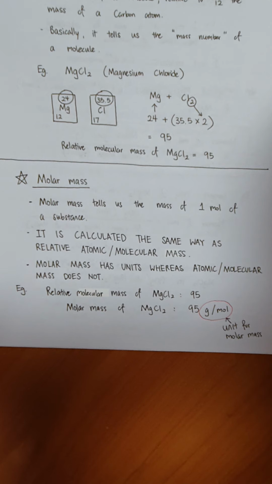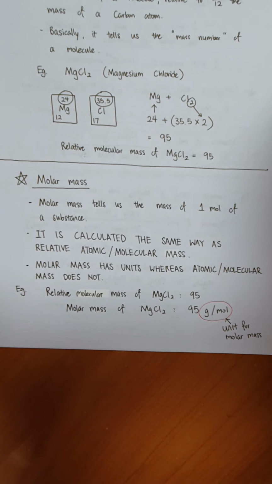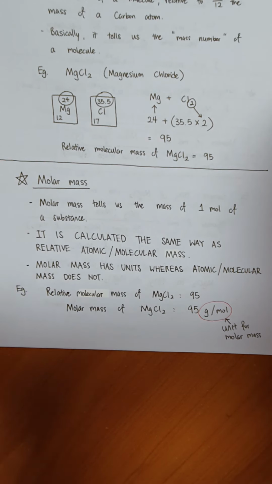Now, to explain why relative molecular and atomic masses are very important: they tell us the molar mass of the substance, which is very important. For example, just now we learned that the relative atomic mass of magnesium is 24, right?